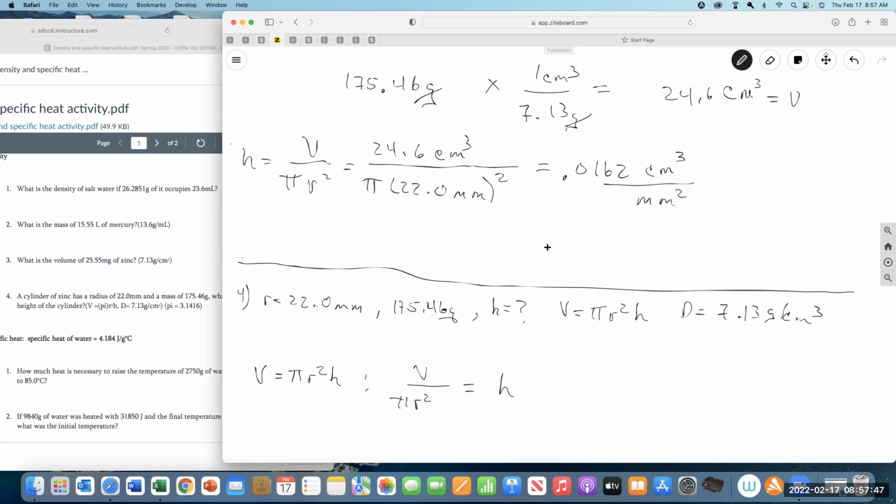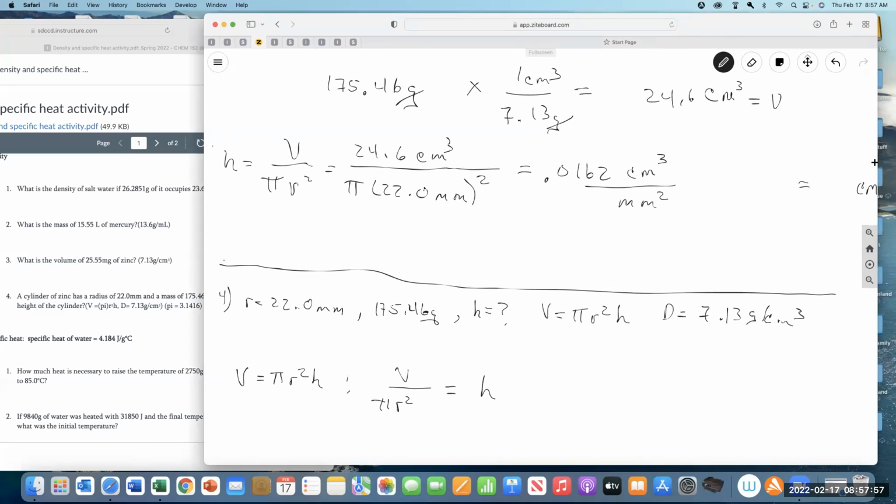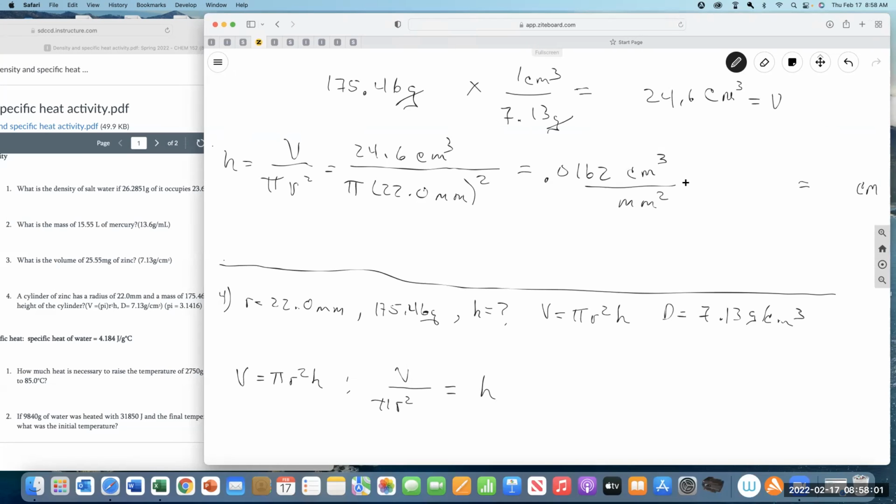So these units don't cancel. What I would like, since I have the higher number is the cube, is to get this into centimeters. So to do that, what I would like is a unit that has millimeters squared in the top and centimeters squared in the bottom.